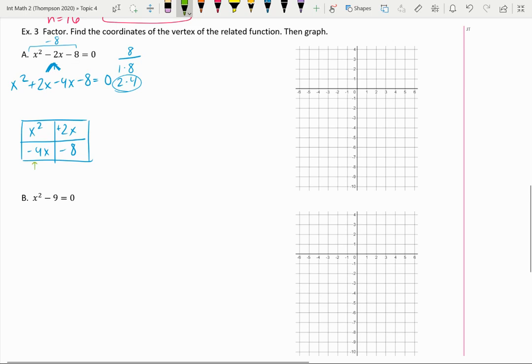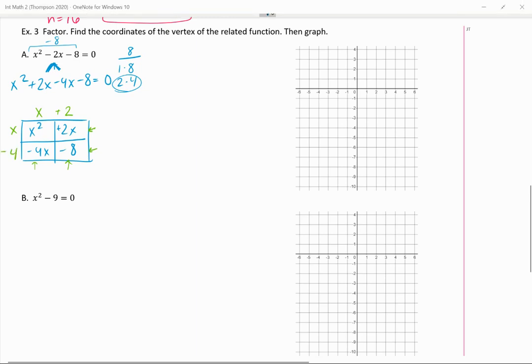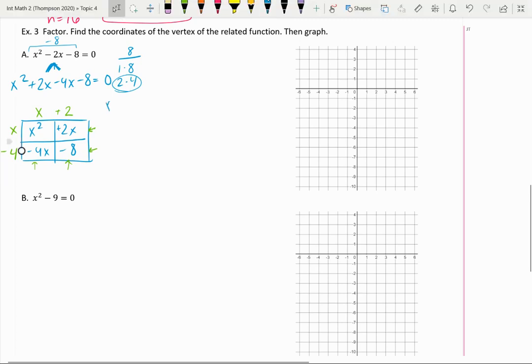X squared minus 4x. I can take out an x. My next column, I can take out a 2. First row, I can take out an x. Second row, my leading term is negative, so I have to take out a -4. So now I've got x plus 2 times x minus 4 equals 0.